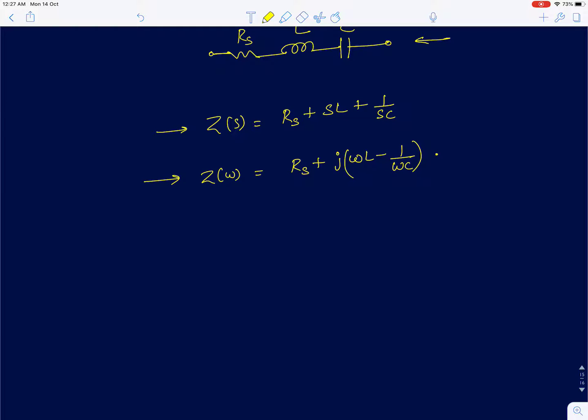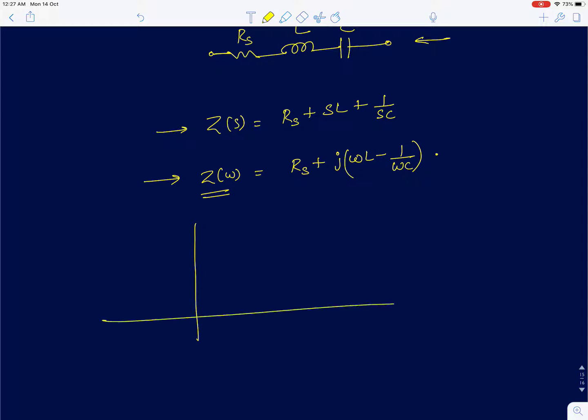Before we plot the impedance, we'll try to see intuitively how the frequency response and phase response should look, and then we'll start writing the equations and try to draw it mathematically. So at very low frequencies, when omega tends to 0, you have three elements in series. The one with the larger impedance is going to dominate. A capacitor is going to behave like an open circuit, an inductor is going to behave like a short circuit.